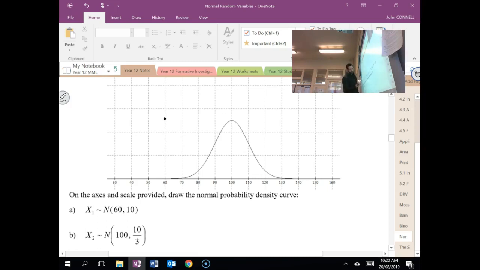So I'm 30 away from 60 here and 30 away from 60 here. So when my graph gets to 30 and 90, it has to be very close to the x-axis. So then I can just draw it. Like that.